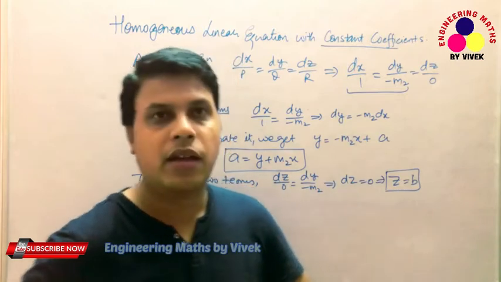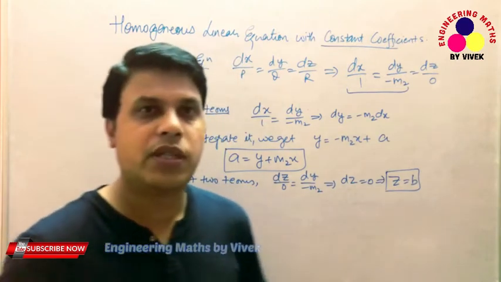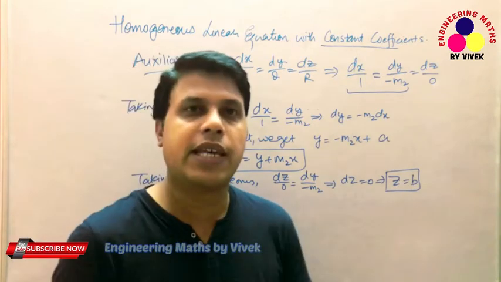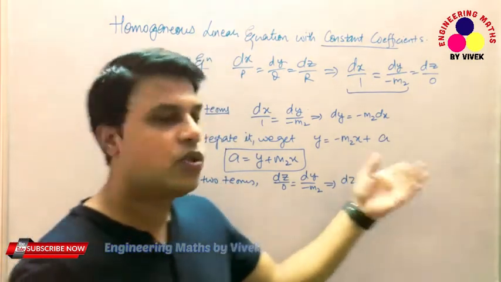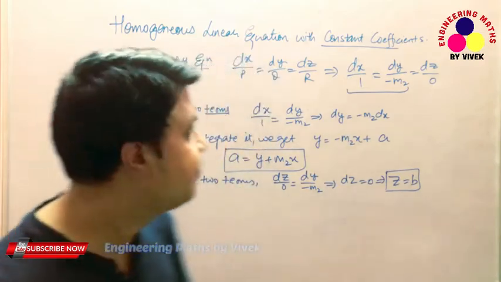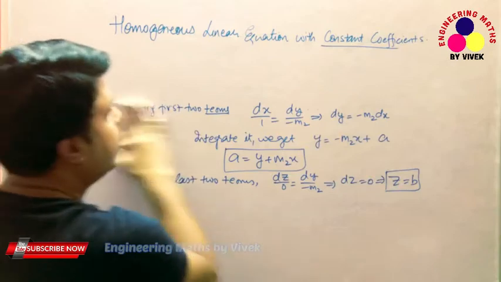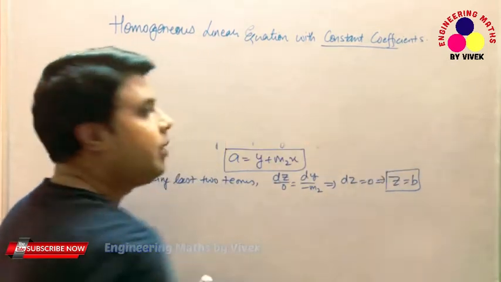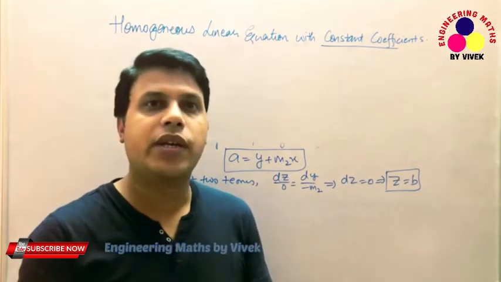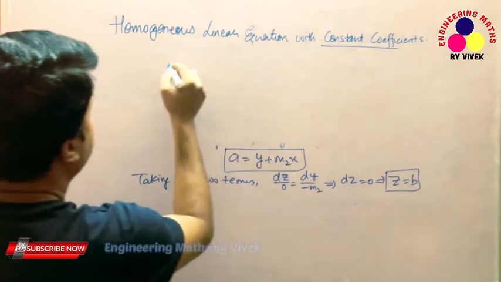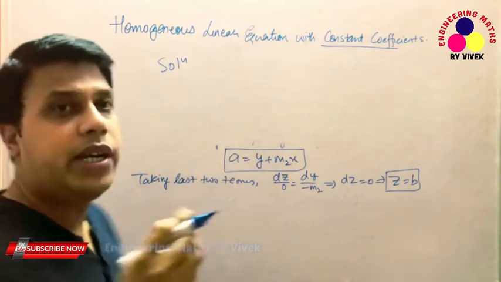Hope it is clear. Now the complete solution of the differential equation is given as b equals phi of a. In the previous video itself, I told you how we can write the solution of a differential equation. It can be written in three forms.